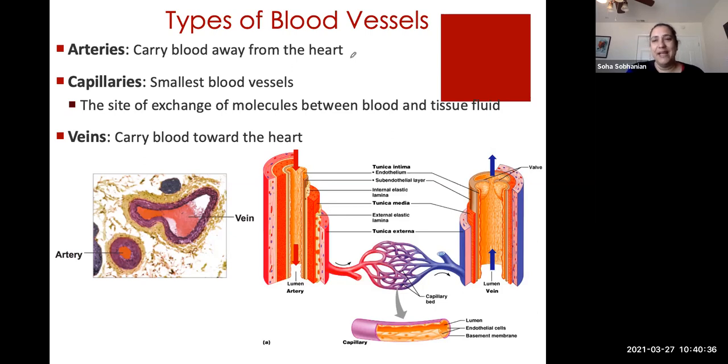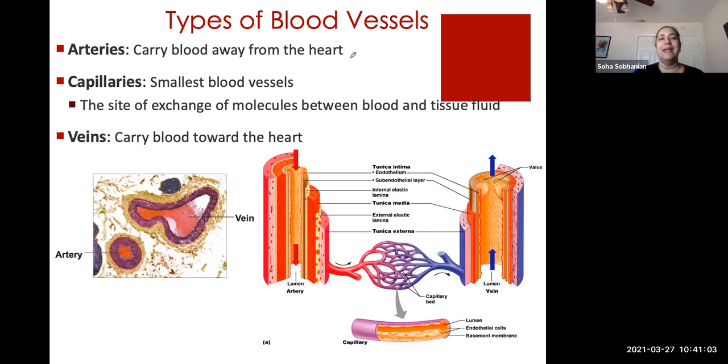All right, so let's take a look at our blood vessels. There are three main categories of blood vessels: arteries, veins, and capillaries. I think all of you have at some point heard of these words. We're just going to put them in context of the proper time to use each of these vocabulary words. First, let's start with arteries.